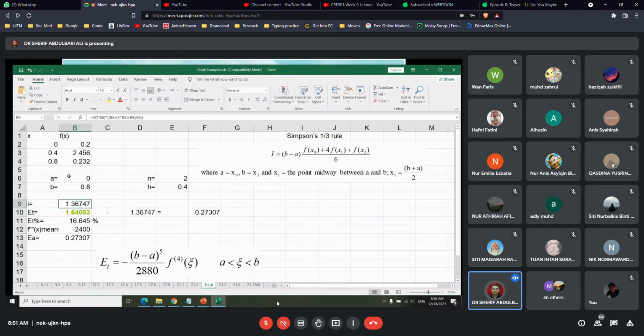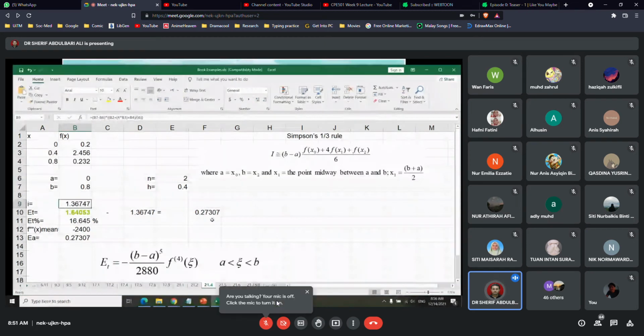So (b minus a), 0.8 minus 0, times the function of x0, which is 0.2, plus 4 times 2.456, plus the function of x2, which is 0.232, over 6. I'm supposed to get the answer of 1.36747. Try it.